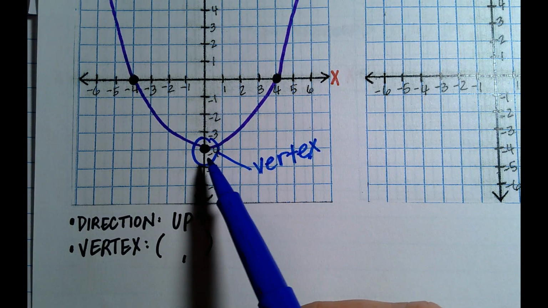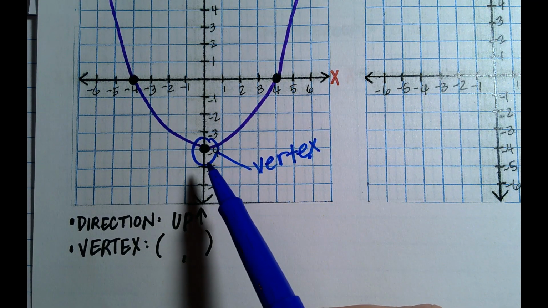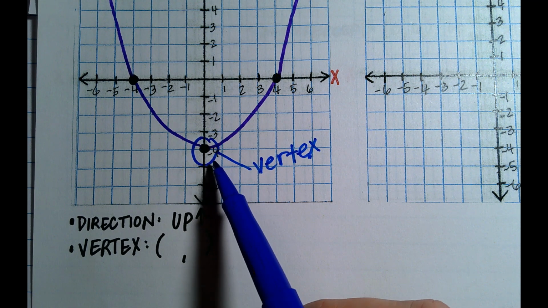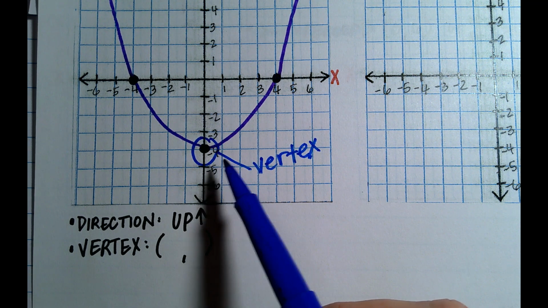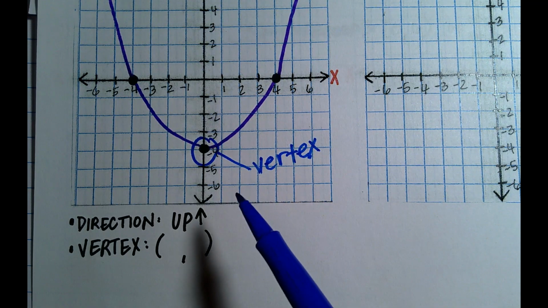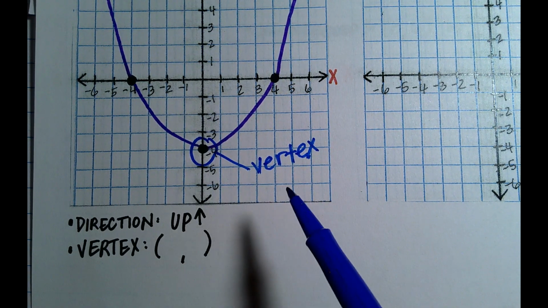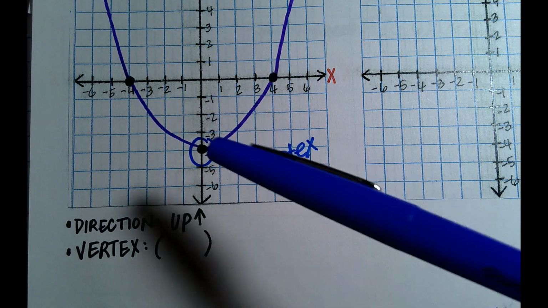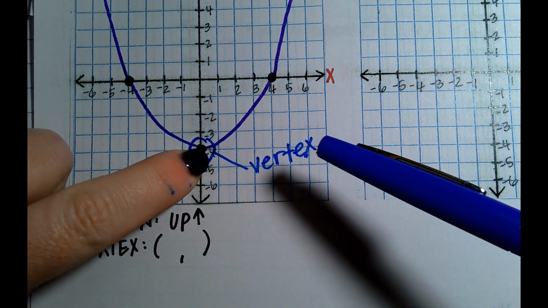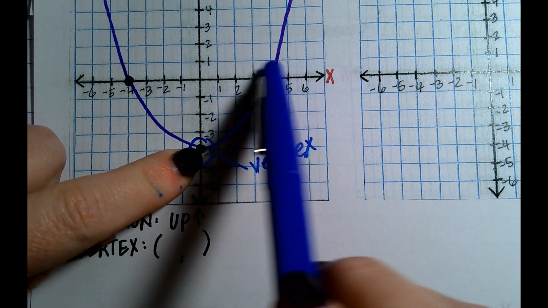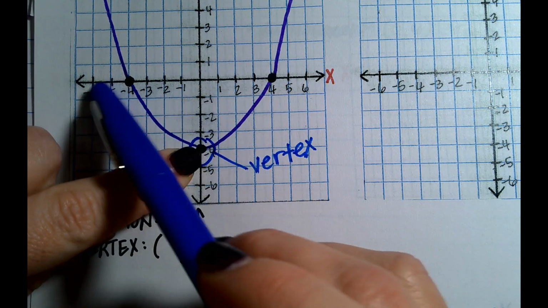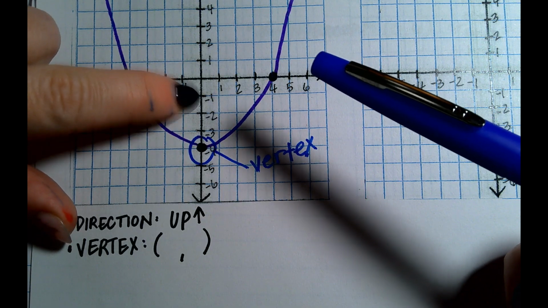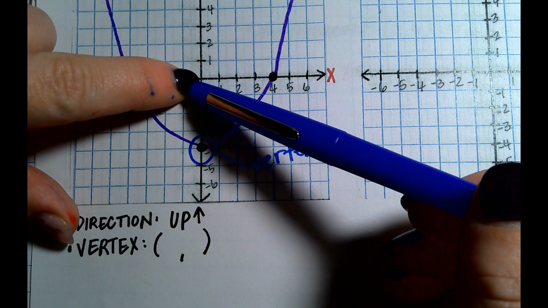So what is the x value of this vertex? Ooh, I hear so many different answers. I hear 4, 0, -4, 0, 0, -4, 0, 4. Let's think about it. To figure out where this lines up on the x-axis, remember the x-axis goes from left to right. So I'm going to trace my finger until I touch the x-axis. 0.